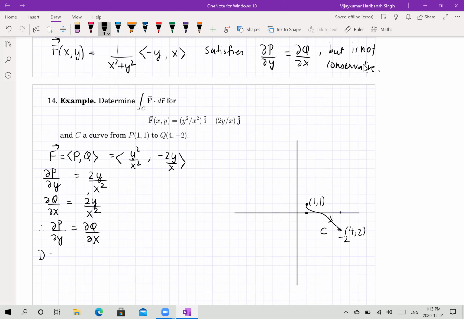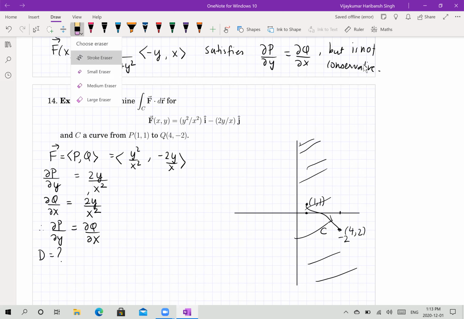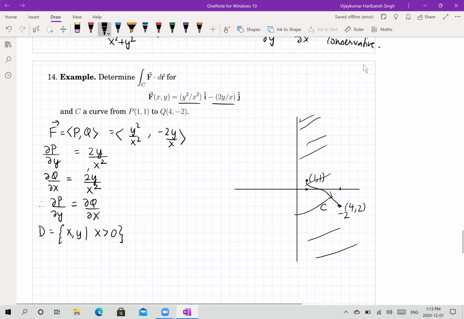So what is D? We can restrict our domain and see if it is simply connected. Consider D to be all (x, y) such that x is greater than 0. And you see, it is continuous with first order partial derivatives, right?